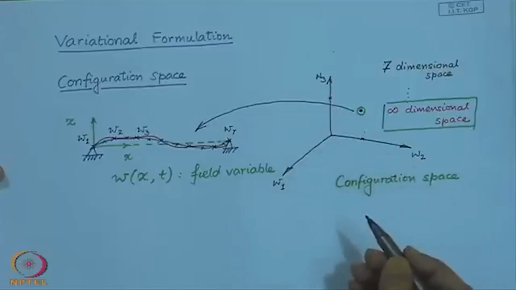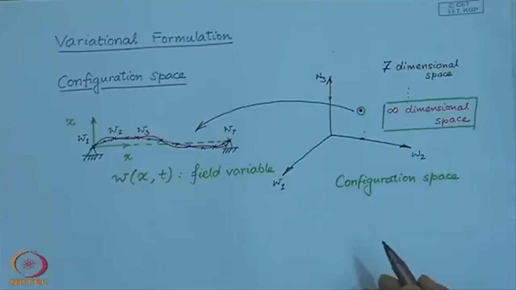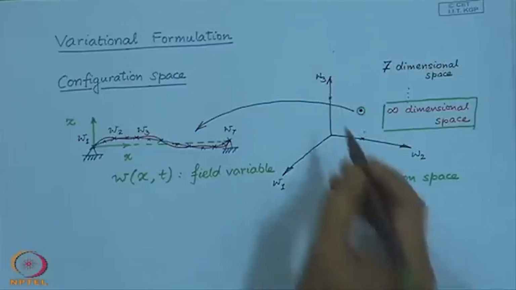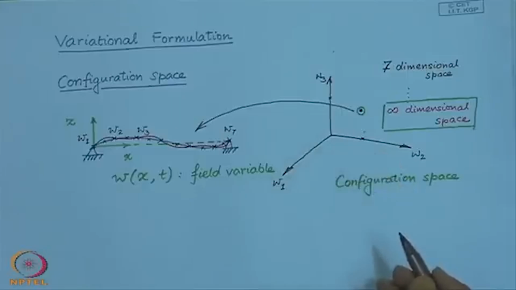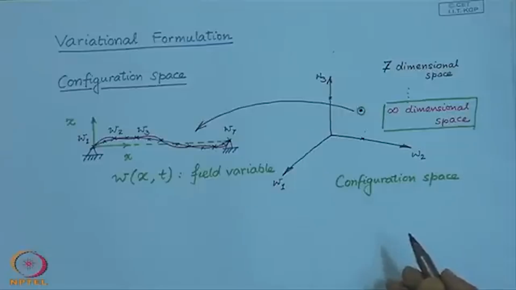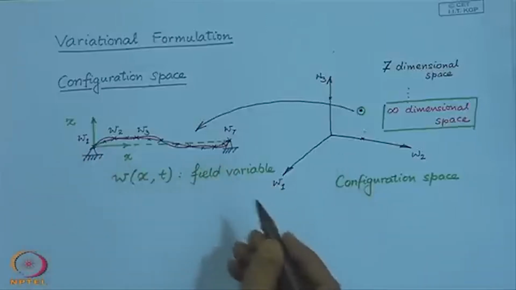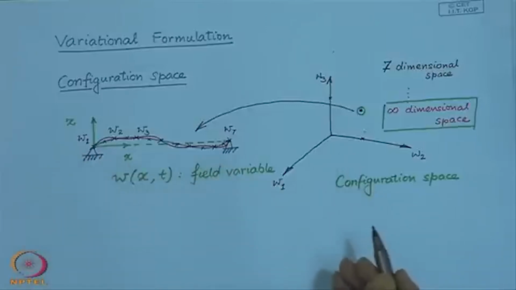So, such continuous systems are represented as points in an infinite dimensional configuration space, and the number of coordinates of the configuration space represents the degree of freedom of the system. So, the degree of freedom of a string or any continuous system is infinity.